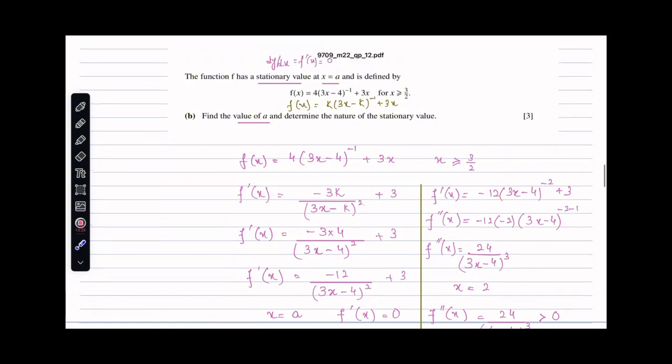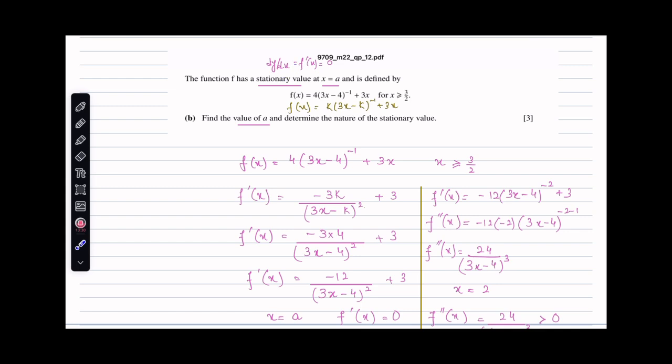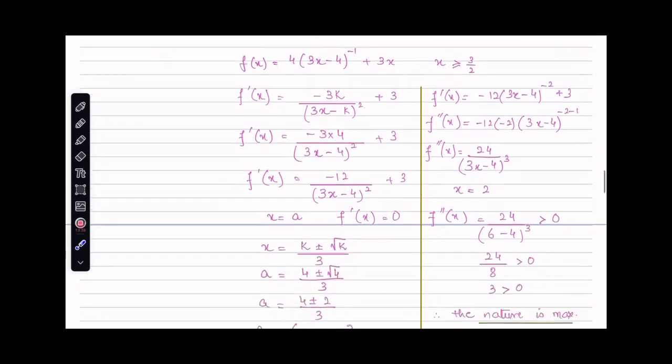So according to the question, stationary value is when x is equal to a, meaning the first derivative shall be equal to 0. F prime x shall be equal to 0 for x equal to a. So x was already calculated from part A, the stationary x value, as k plus minus square root of k divided by 3. So x is a, and for the k value, we have already said that k by comparison is a 4.